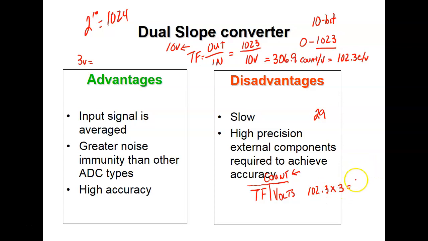And this is what Alex gave us. Yeah, that's counts per volt. That's our transfer function, right? 1023.